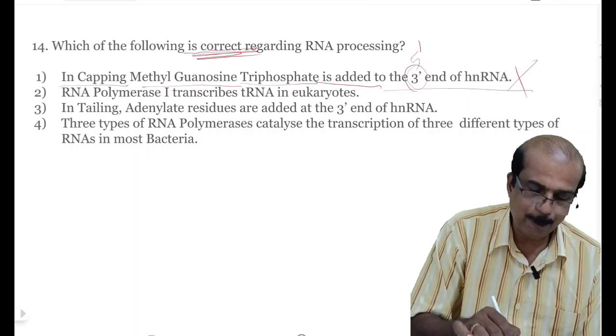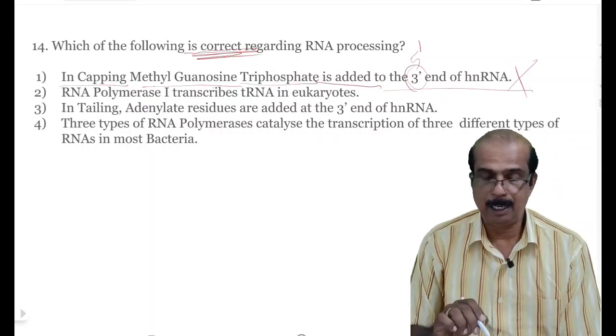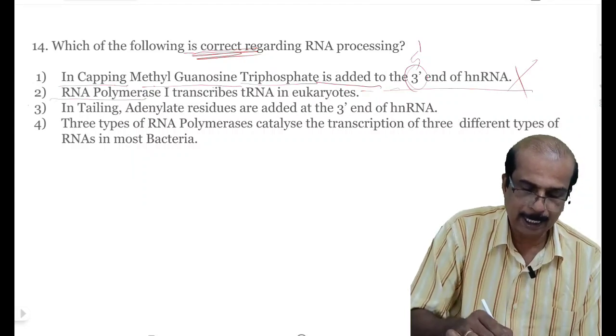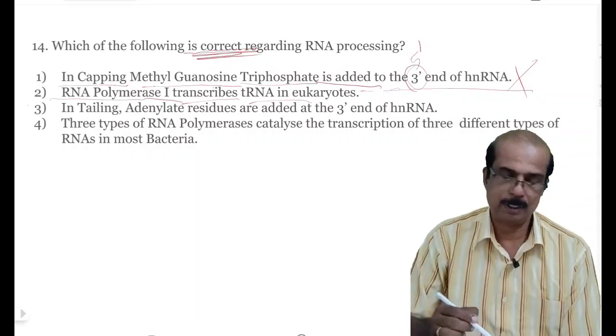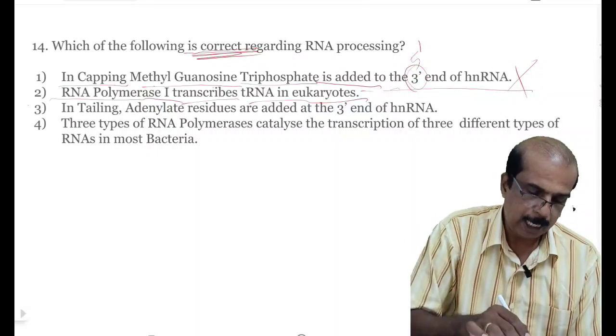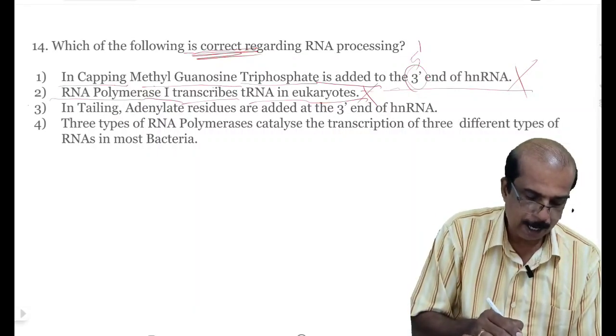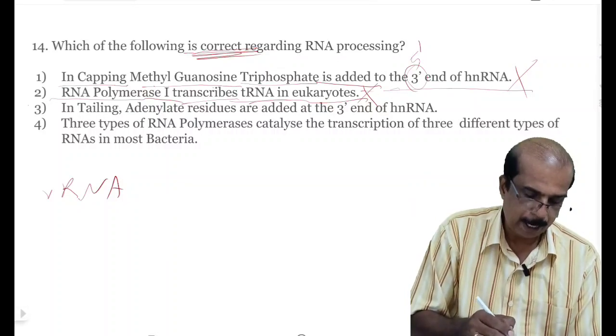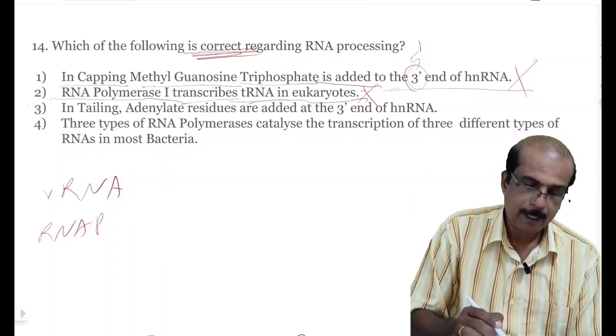During capping, methyl guanosine triphosphate is added to the 5' end of hnRNA. Option 2. RNA polymerase 1 transcribes tRNA in eukaryotes. It is also a wrong one. RNA polymerase 1 transcribes rRNA in eukaryotes and tRNA is transcribed by RNA polymerase 3.